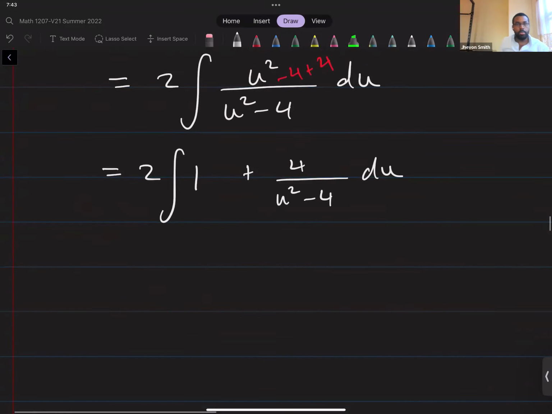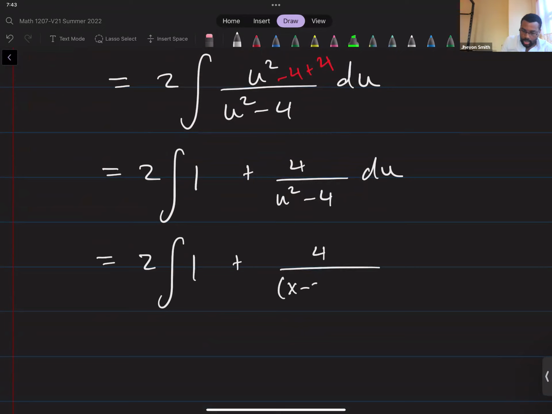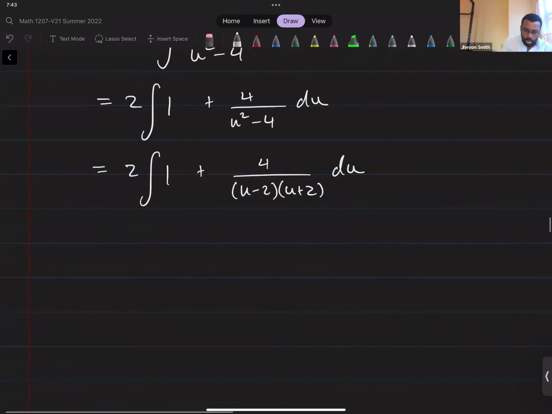Right, so not being proper wasn't a big deal. In fact, this is this guy, not x, u. And in fact, I know with partial fractions, that's going to be this.